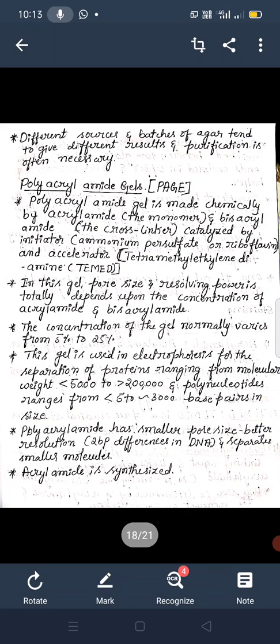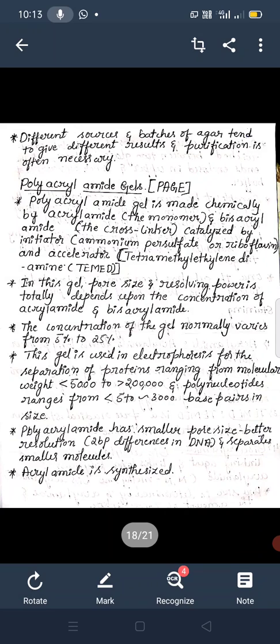The abbreviation of TEMED is tetramethylethylenediamine. In this gel, pore size and resolving power totally depend upon the concentration of acrylamide and bisacrylamide. The concentration of the gel normally varies from 5% to 25%.